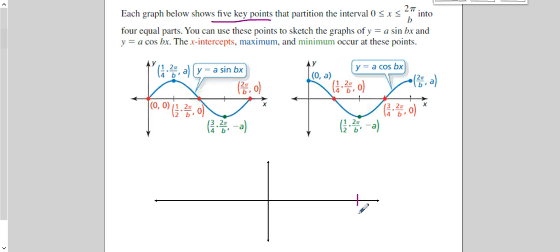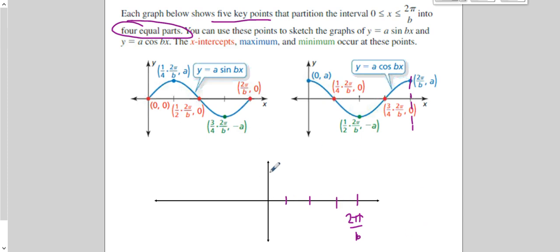Whatever one period is, the 2 pi over b, that's what they put on that fourth mark out right here. You take that and then cut it in half. It says 5 key points, so we're going to cut it into 4 equal parts. Wherever you put that mark, then cut it in half and then separate each one of those sections into halves.